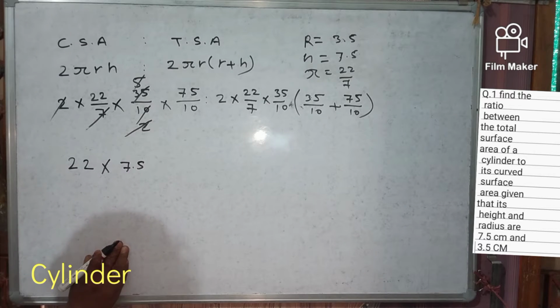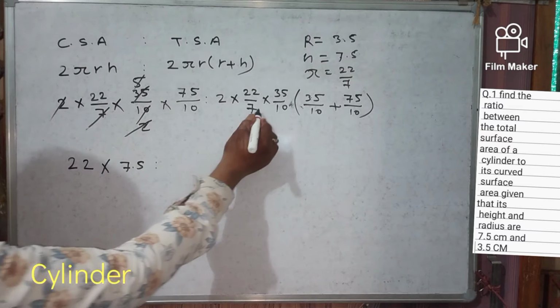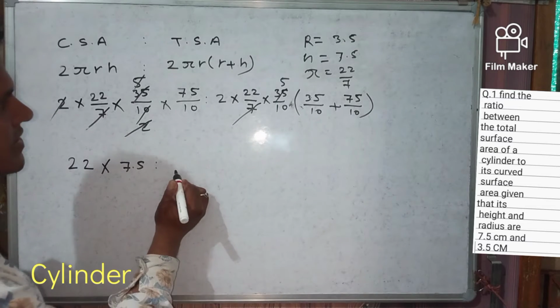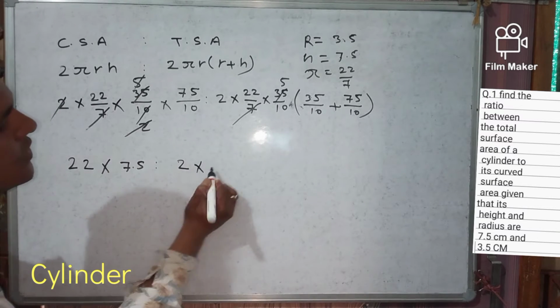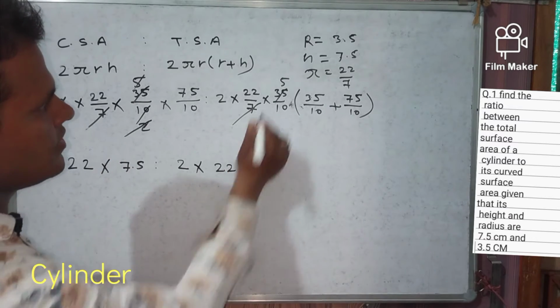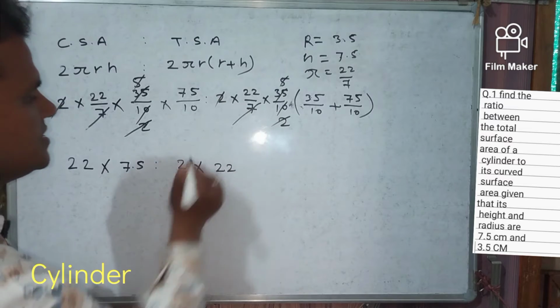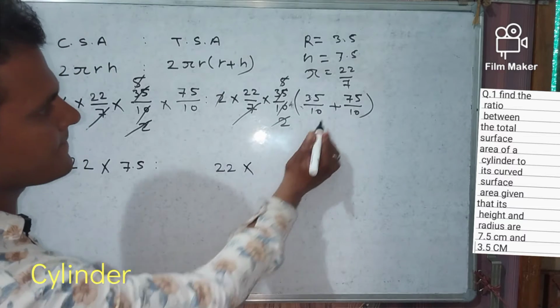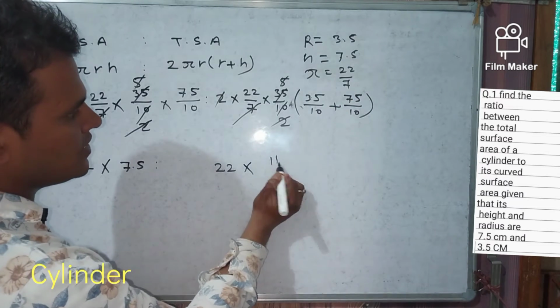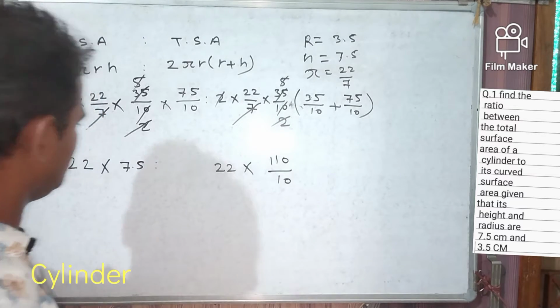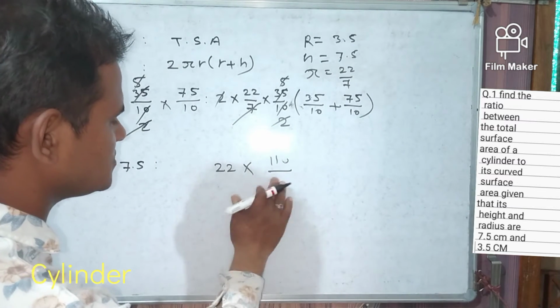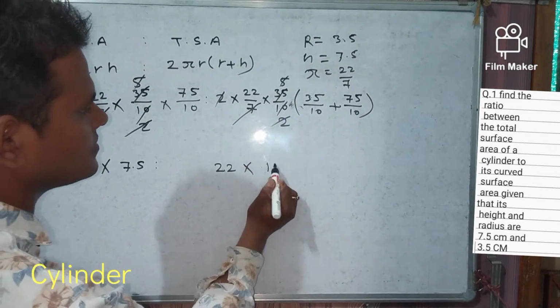Now 2 into 22, 5 tens and 2 cancel, so we can cancel it, into 110 by 10, right? So 0 cancel, so 22 into 11, right?